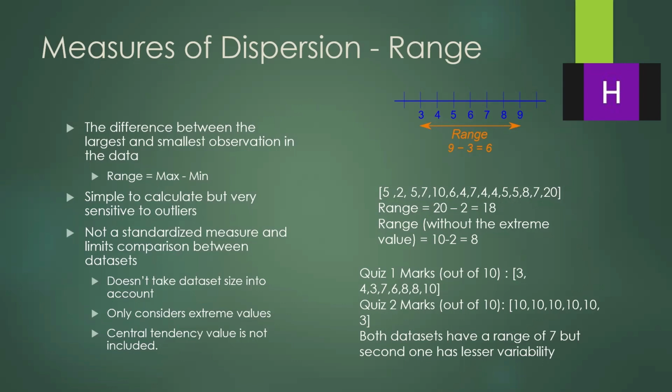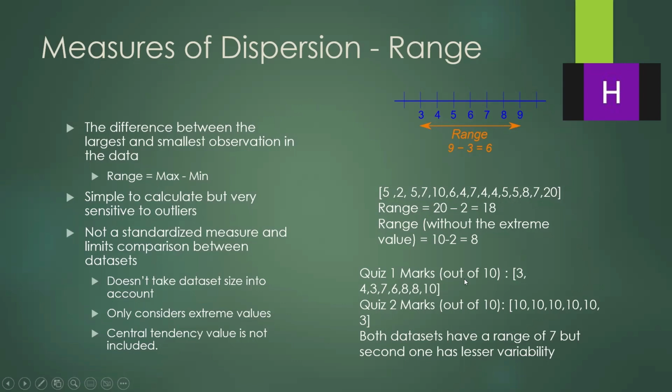For this reason, it is not used by itself alone as a standardized measure for dispersion, and it also creates problems in comparison of data sets. How? Now look at this example on the right side. We have marks scored out of 10 in quiz 1, and we have these values. And then we have quiz 2, marks out of 10 again, and this is the composition you see.